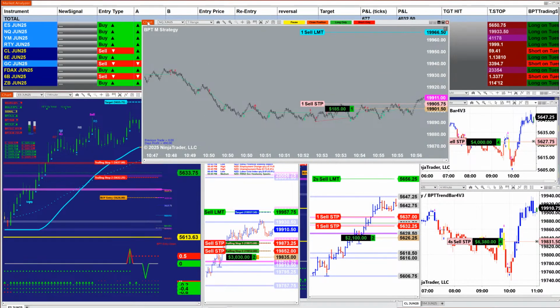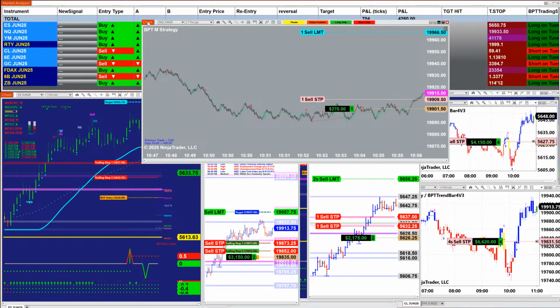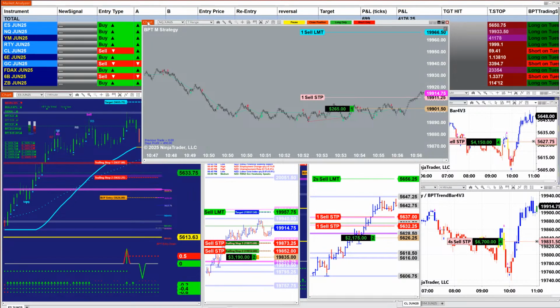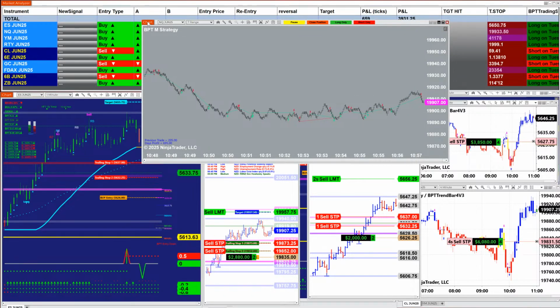On the Nasdaq now, we are at 490, and we are taking the Autotrader, not me, taking one more trade. Okay, we are 695. I'll keep my eye on it.